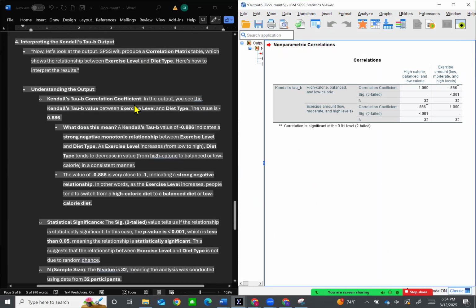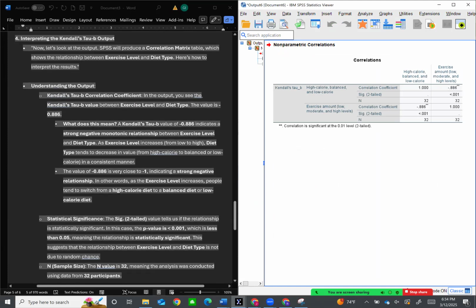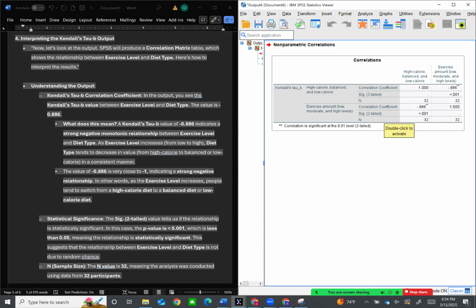So let's interpret this output. If you look over, you can see a correlation matrix table. And this is going to show the relationship between our variables.